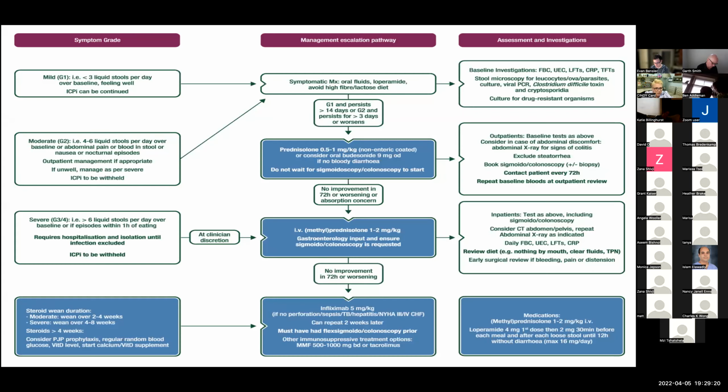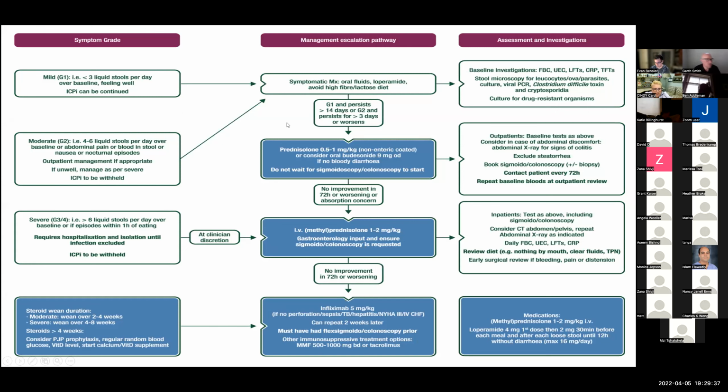So this is an example of the ESMO guidelines. This is the ESMO guideline for diarrhea. And you can see that they grade it based on how many loose bowel movements. And then they give you suggestions on what to do.